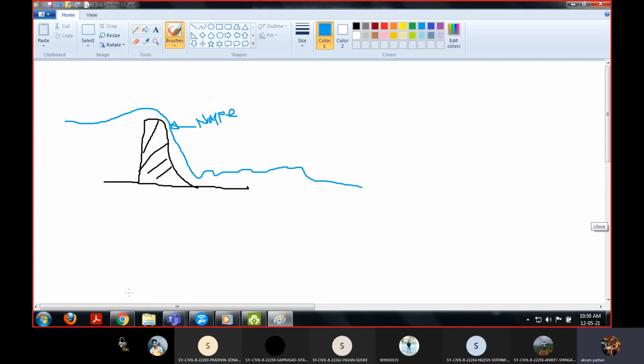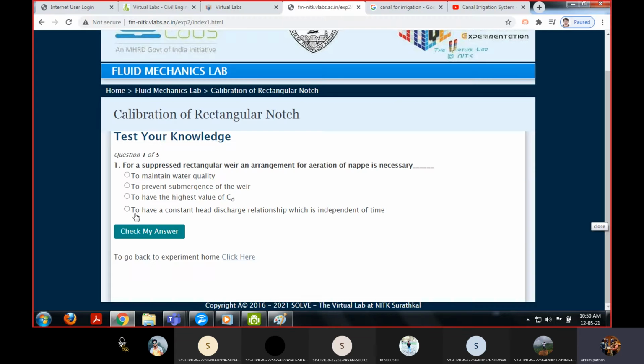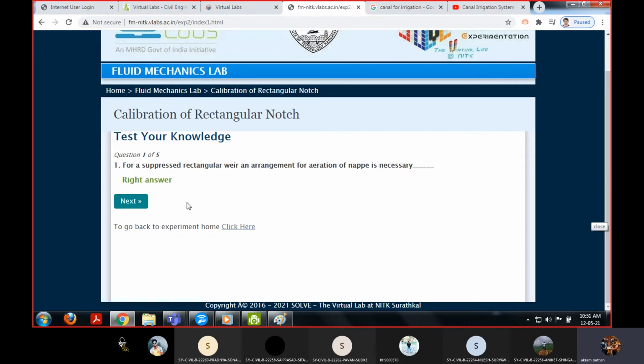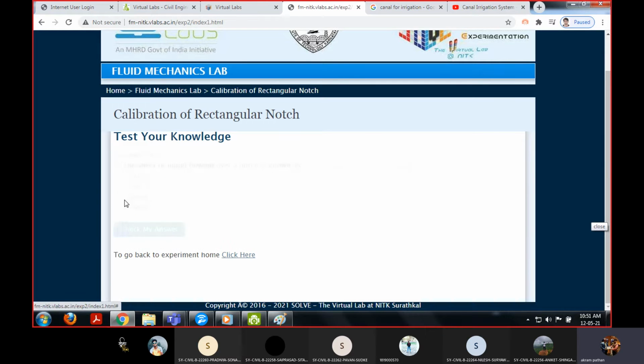Aeration is known as the nappe of water or jet of water is in contact with the atmospheric air. तिथं त्याला atmospheric air भेटायला पाहिजे जेव्हा या वियर वरून पाणी खाली पडेल. Okay. So it is correct to have a constant head discharge relationship which is independent of time. If you check the answer, this is the correct answer.